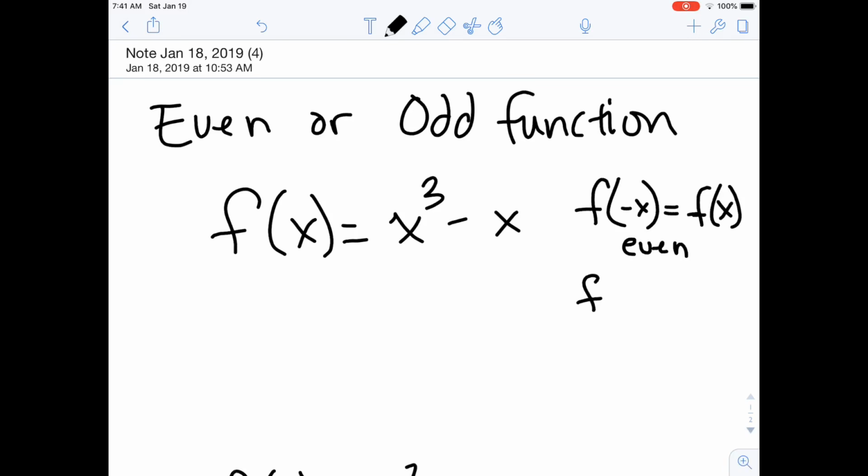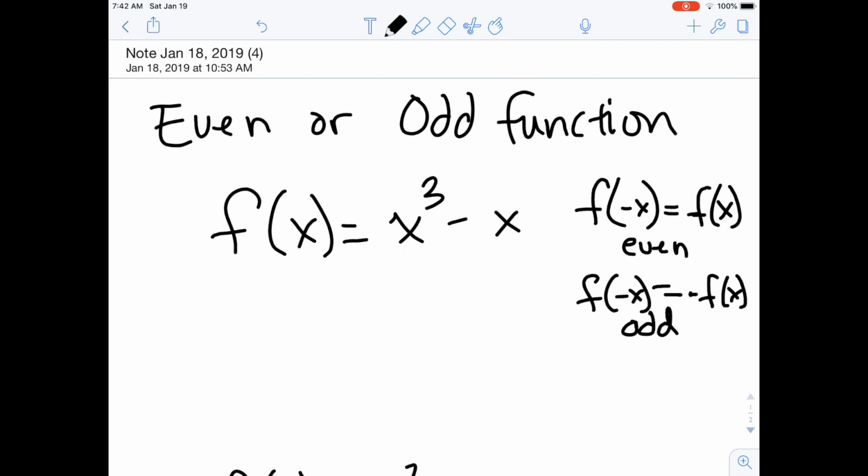If you put in f of negative x and you get negative f of x, right? All that's changed are the signs. The equation looks identical, but all the signs have been flipped. Then that thing is considered odd, okay?